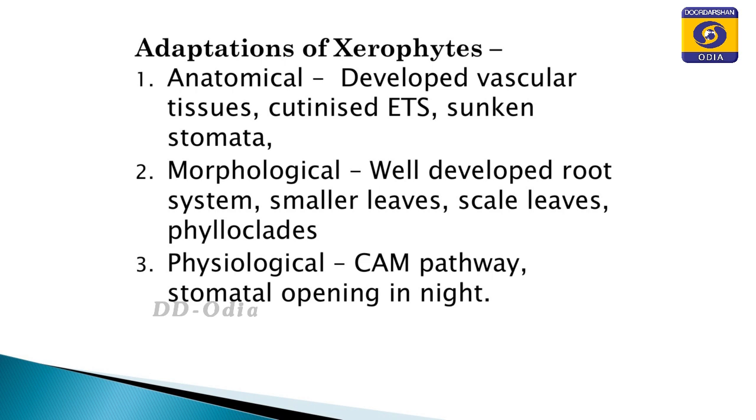Then they have smaller leaves. We shall see in many cases leaves will develop and fall soon, or in other cases leaves will be modified to scale leaves, which are non-functional. They neither bring about photosynthesis nor can they carry out transpiration.